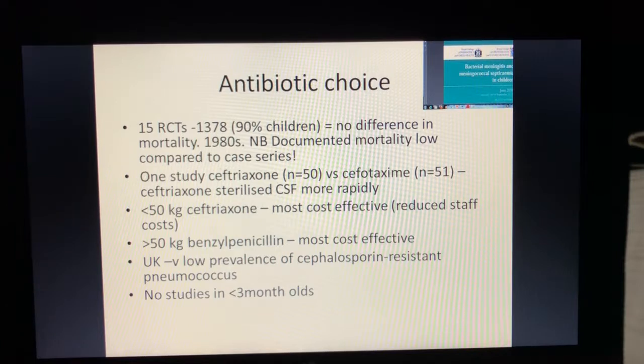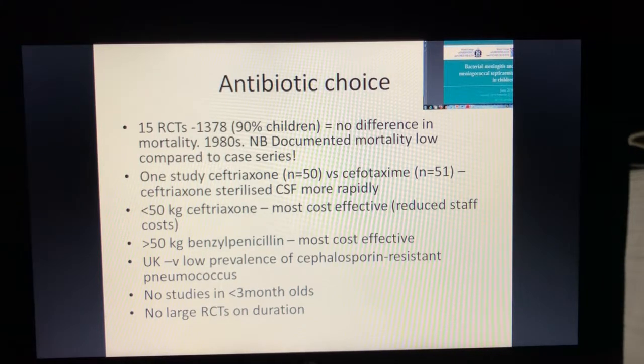There are no studies in under 3-month-olds and no studies on the duration. So understandably, most hospital guidelines have cephalosporin as their first choice.